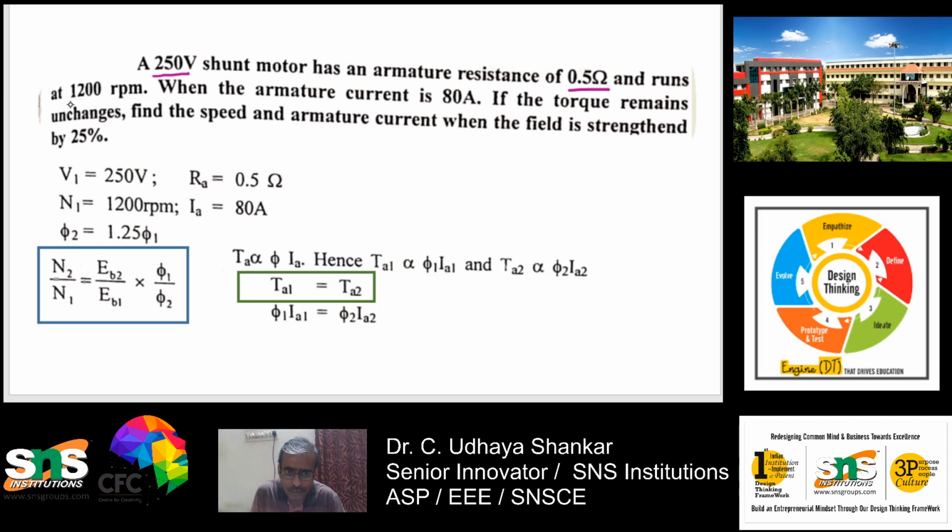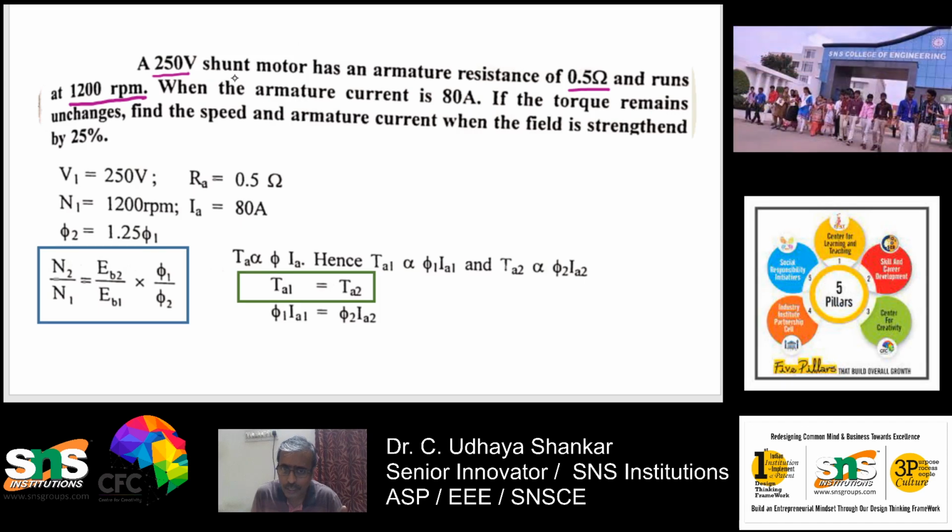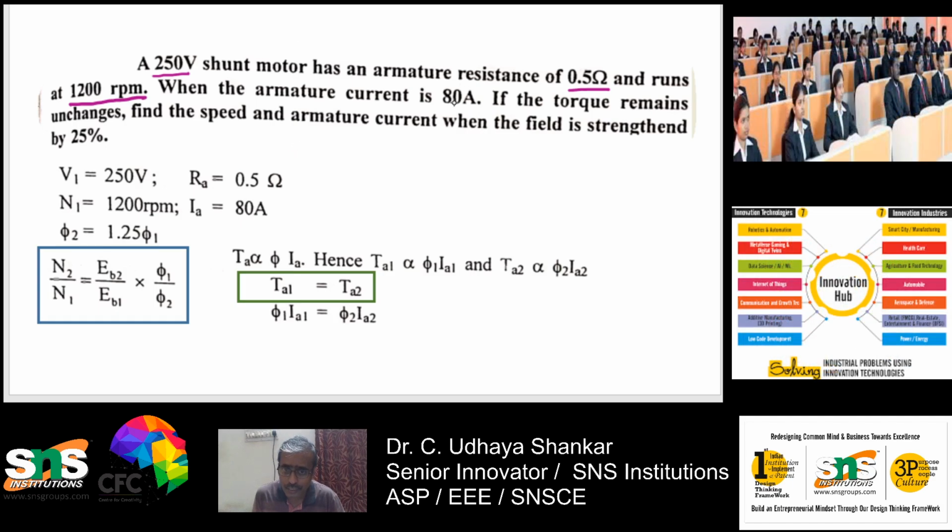This is nothing but your N1. It is already running, so you are giving 250 volts as input, the armature resistance is 0.5 ohms and it is running at 1200 RPM. The armature current is given as 80 amps.